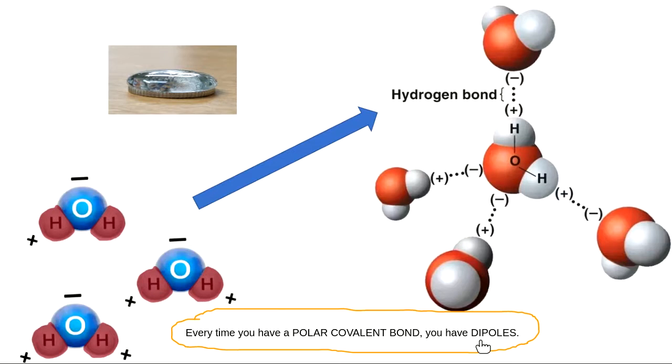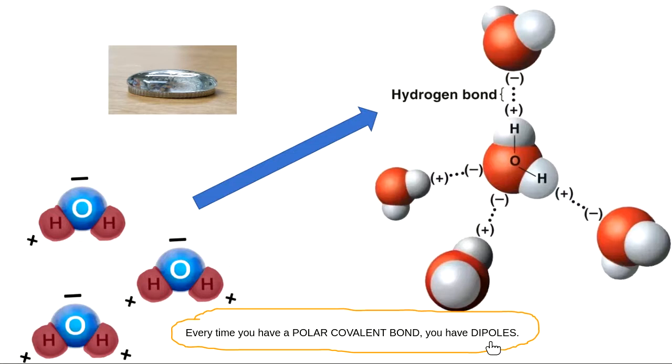So here's why I told you guys to write this down and underline, highlight, star it. Because if I were to ask you on an exam, for example, I have a molecule that has a positive dipole and a negative dipole, which kind of chemical bond does it have inside of it?